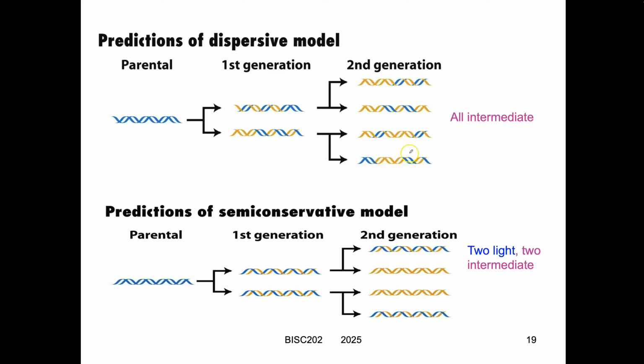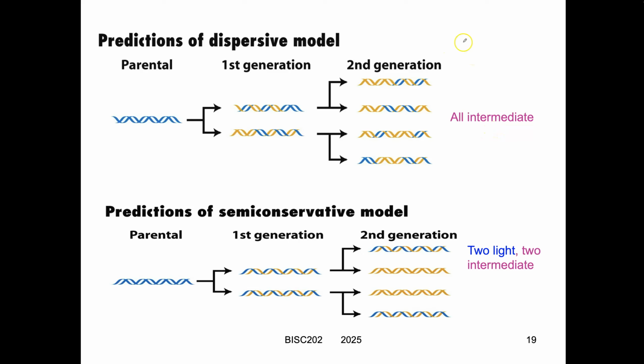And then after the next generation, when you see the results, you'll see why we're only looking at these two. After the second generation, the dispersive model would give additional intermediate bands.